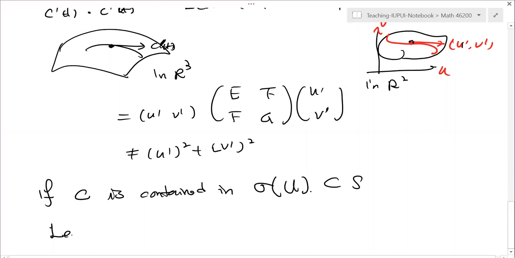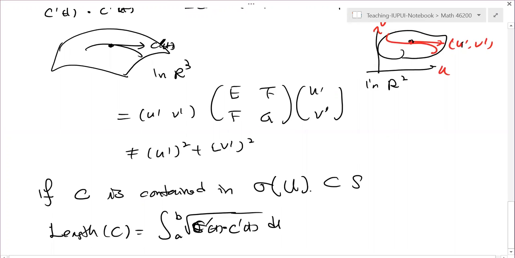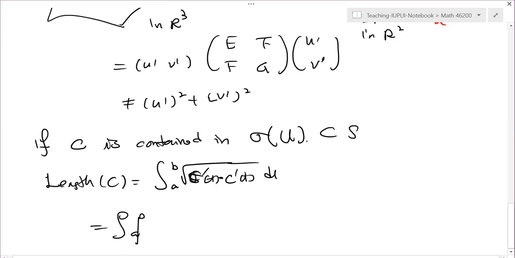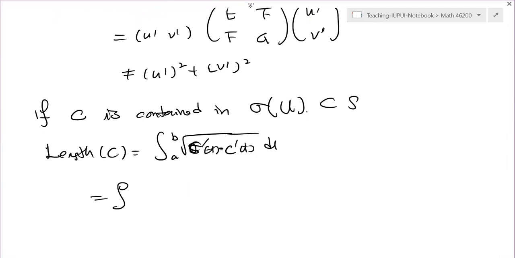So the length of c, first of all, is an integral, with a square root, because the length is the square root of the dot product. But you can translate this abstract notation into an integral of a function using the surface patch.